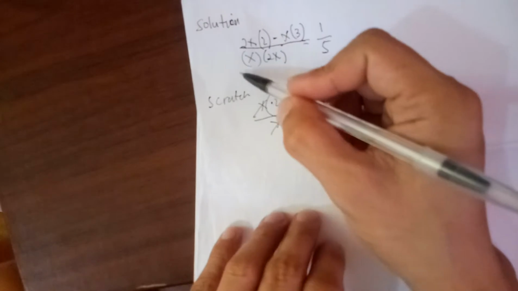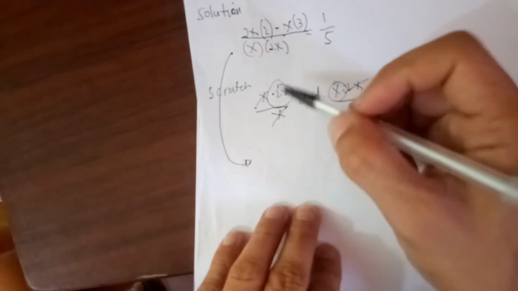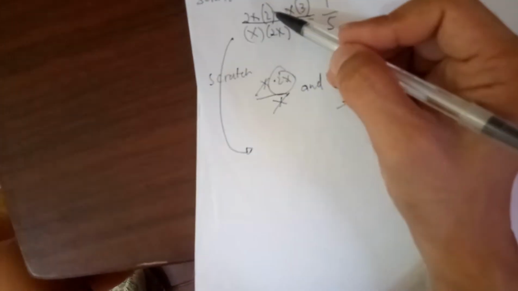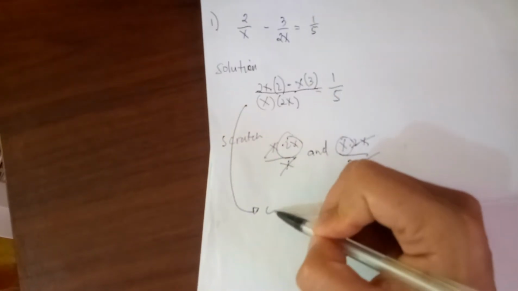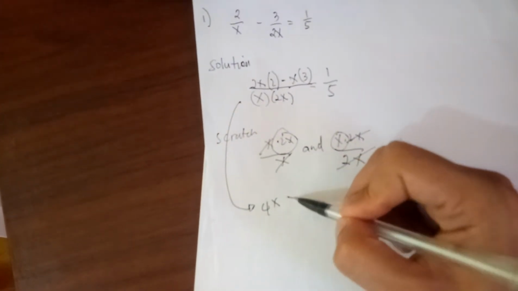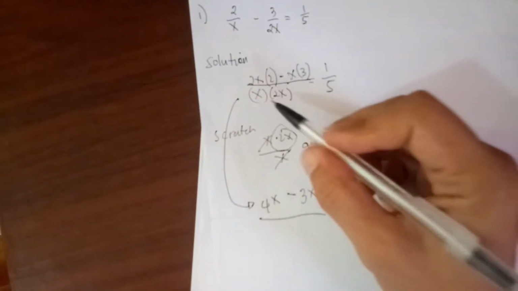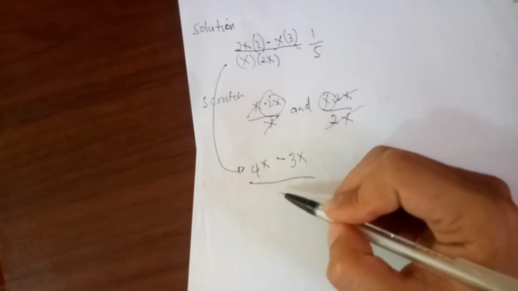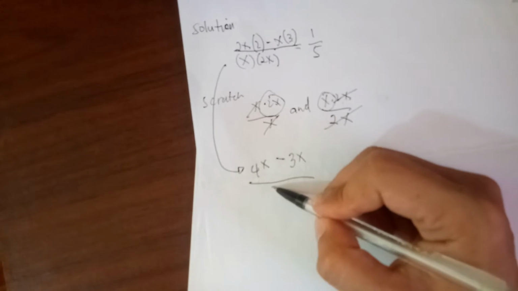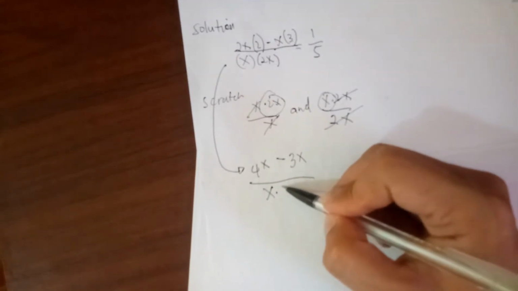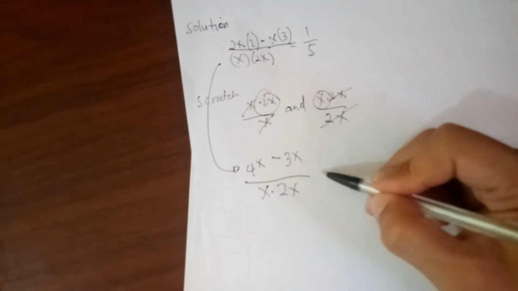Continuing, let us simplify. 2x times 2 is 4x minus x times 3, 3x, over x times 2x. Let's not simplify yet. We will find out why.